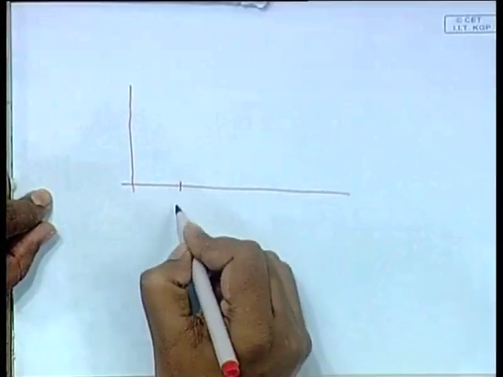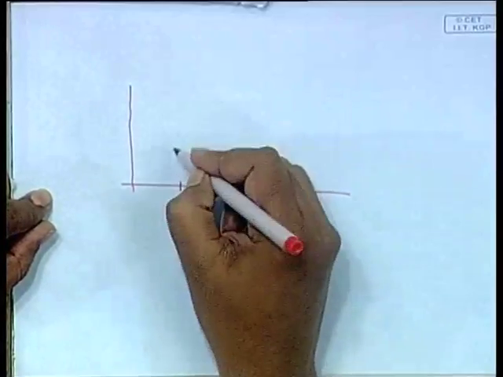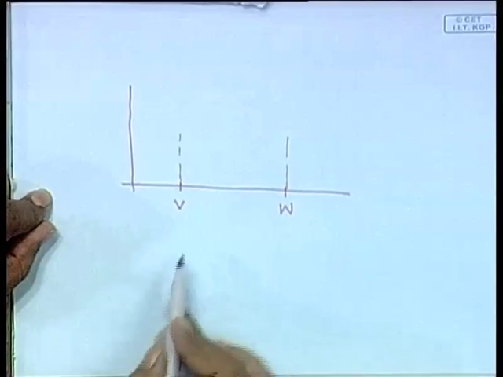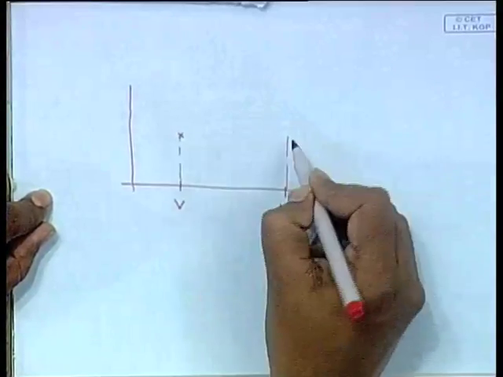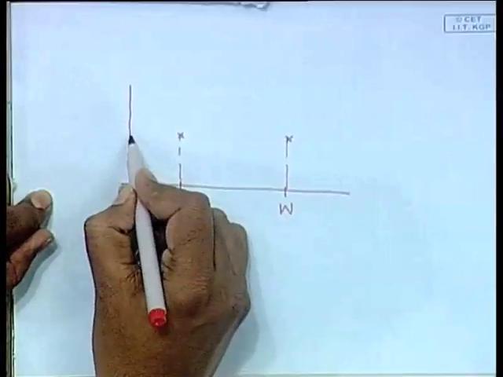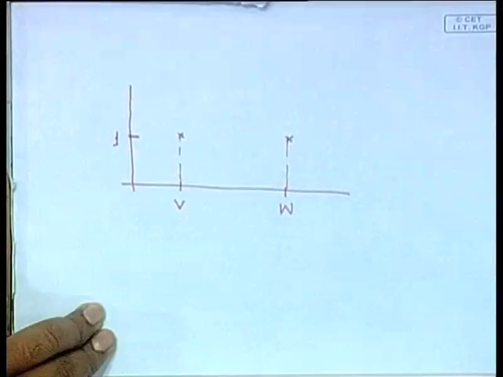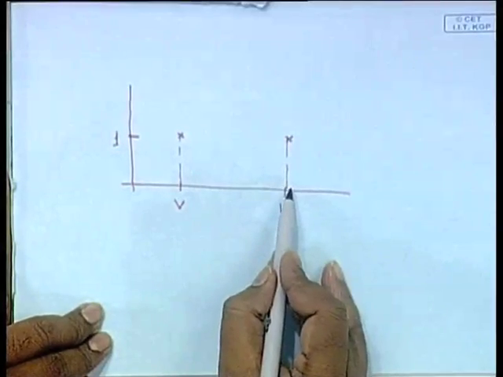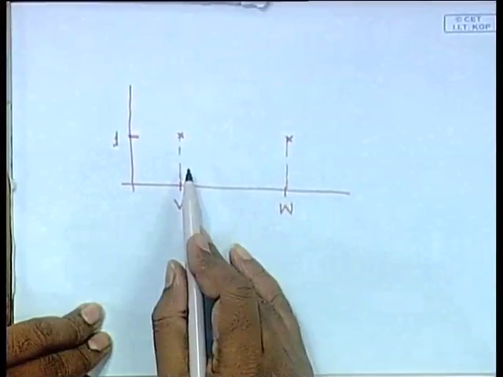Suppose I have V over here and W over here of the same hyperbox, and depending upon the position of the point with respect to V and W, if it coincides with V or if it coincides with W, then the value returned by this max operator is equal to 1. Okay. As I move away from V or as I move away from W, this value will go on reducing.